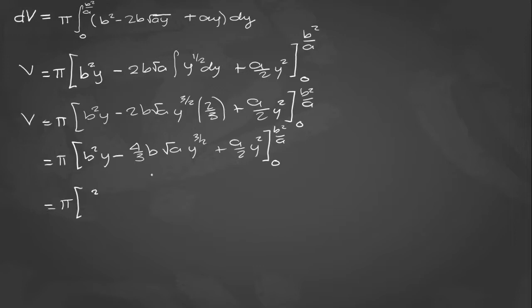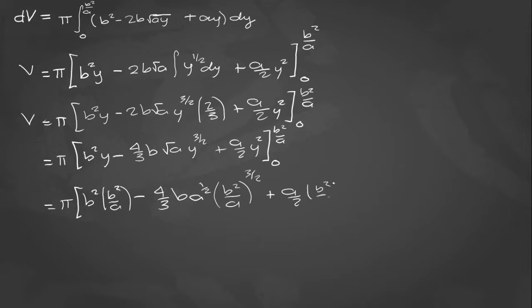Our y here is b squared over a, so this will become b squared over a, minus 4/3 b a raised to 1/2, and our y here is b squared over a raised to 3 halves, plus a over 2, our y is b squared over a squared, minus 0.